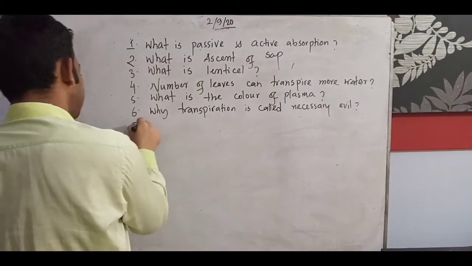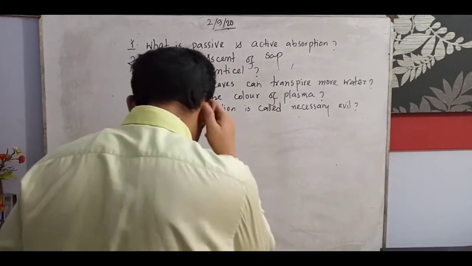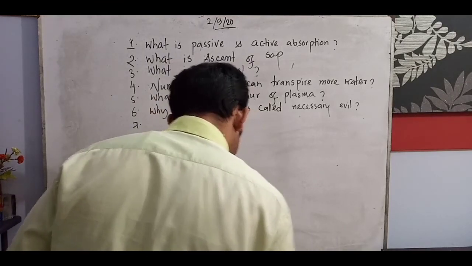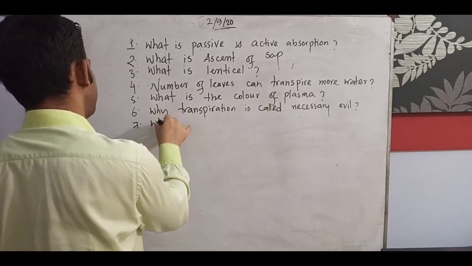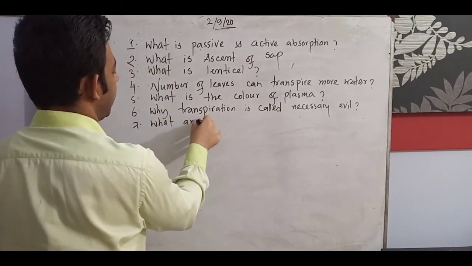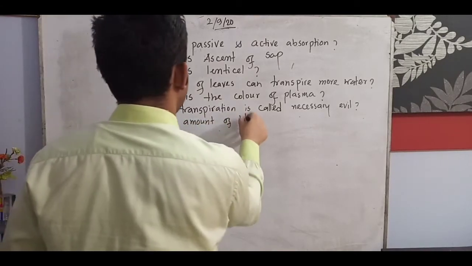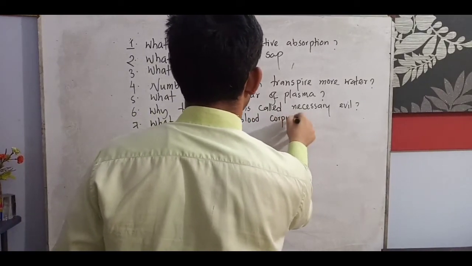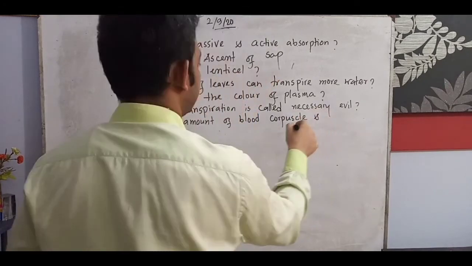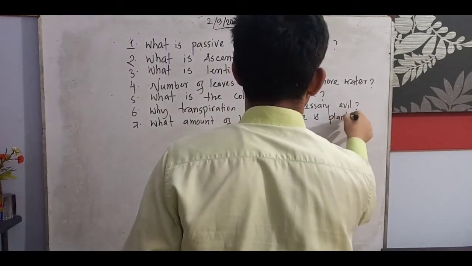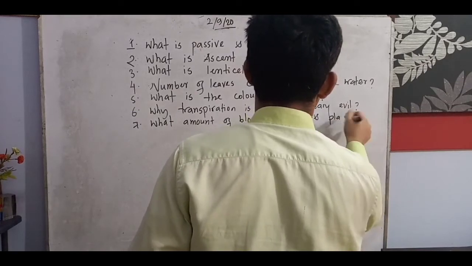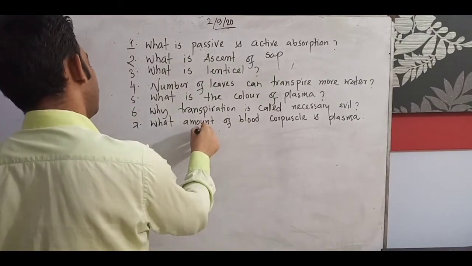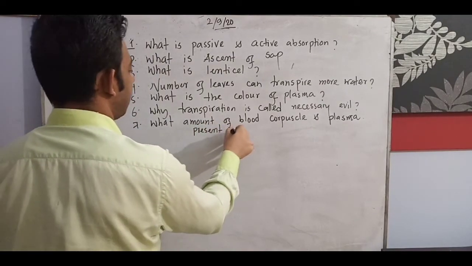And number 7, we can write here: what amount of blood corpuscle and plasma is present in blood.